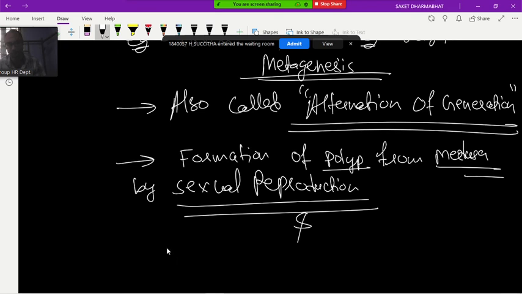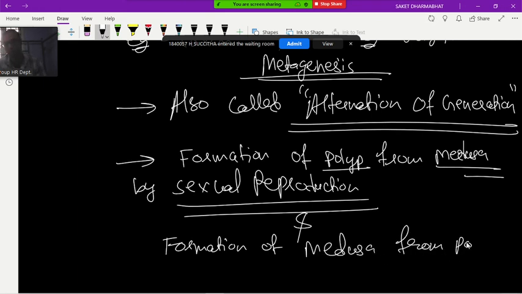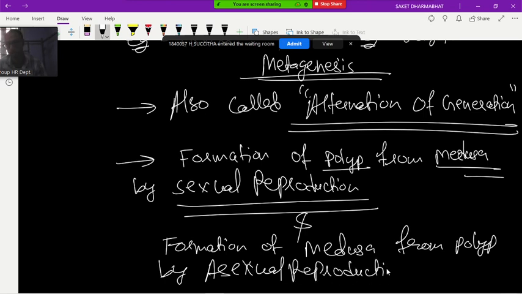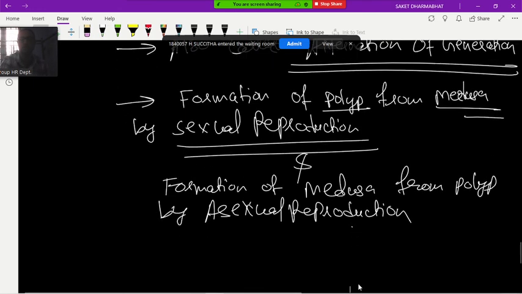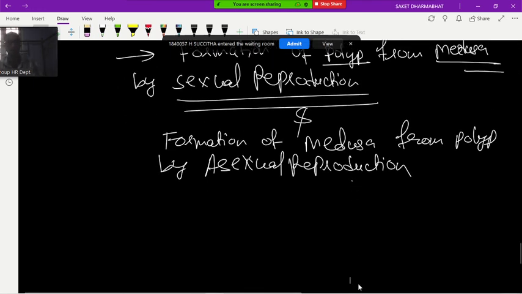And formation of medusa from polyp by asexual reproduction.